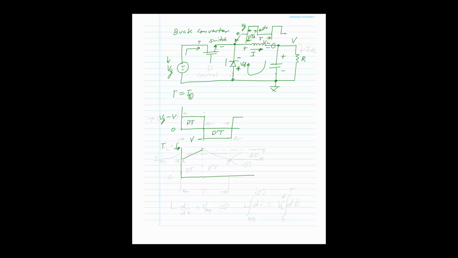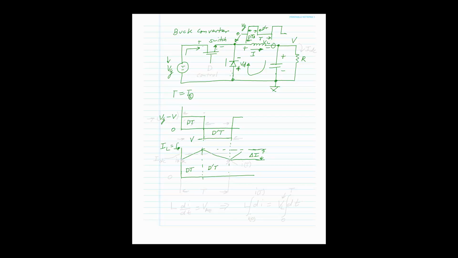Sometimes I'll use I sub L, sometimes I'll just use I. And then when it's off, it ramps back down. This is during, again, the same time DT, and this is the time D prime T. This is going to be known here as the ripple. I like to define the ripple as the peak to peak.